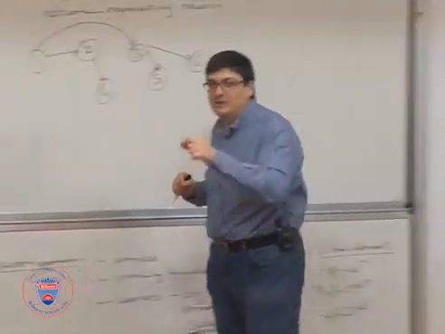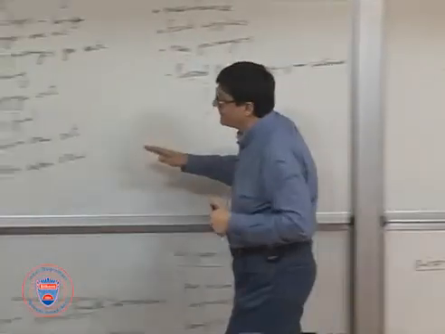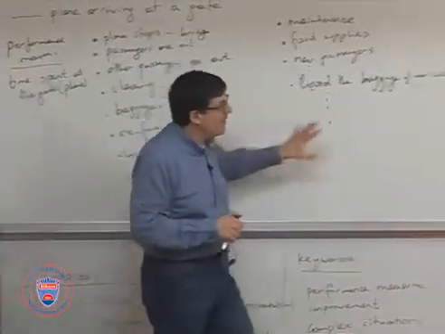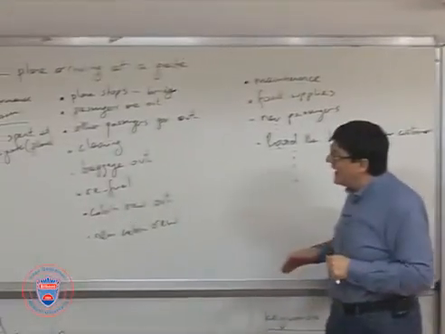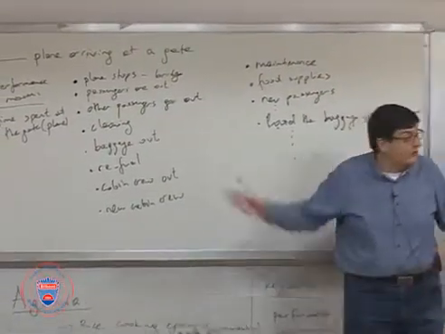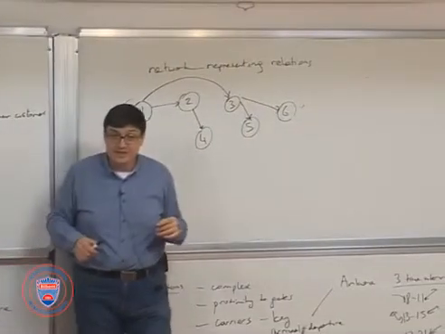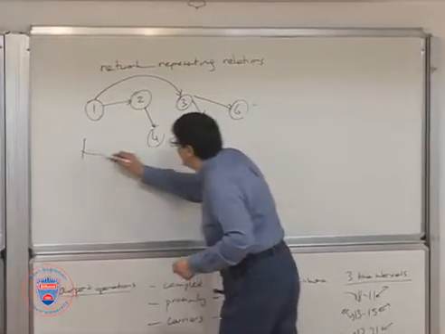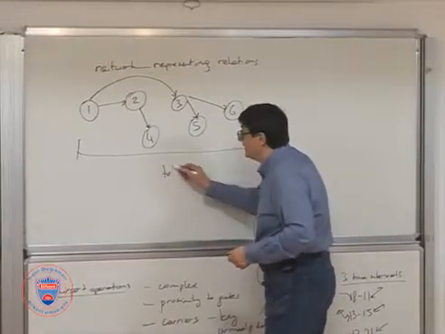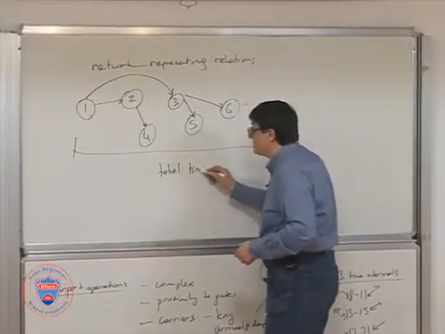Now, let's go a little bit one step further. So now I know how I can represent this. It looks very nice. And there is a certain relation between these processes. And my aim is to minimize the total time that this plane spends at the gate.